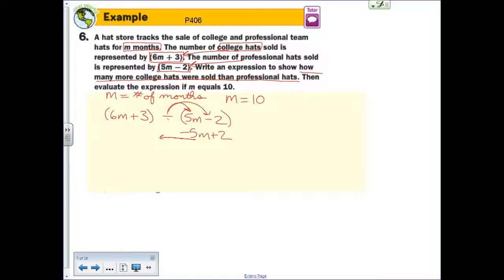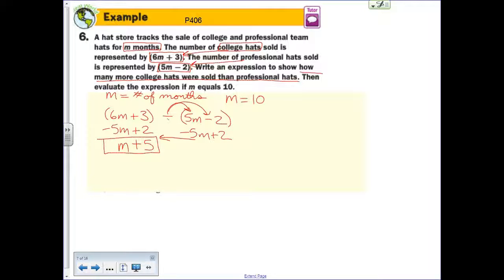Then we can drag it over and put negative 5M under 6M and positive 2 under 3. 3 and 2 are both positive, so it's going to be an addition problem and positive 5. 6M and negative 5M are different signs, but the bigger looking number is positive, so when we subtract, we're going to end up with a positive M. And remember, the 1 is understood, so we do not write a 1.